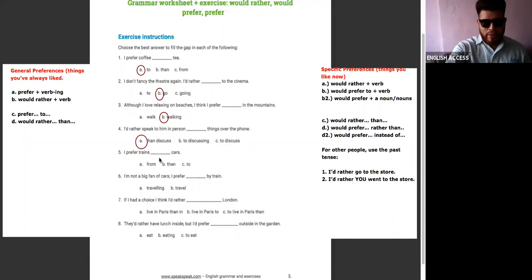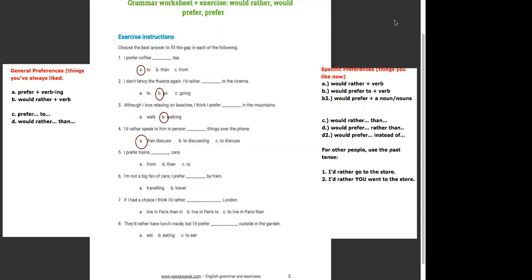Okay. I prefer trains than cars. That's a general preference. There is no would. I prefer train.